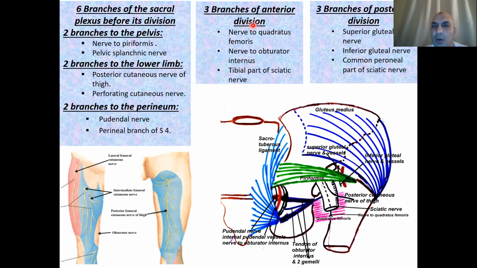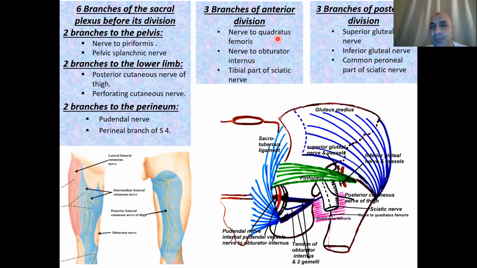We have 3 branches from the anterior division and 3 branches from the posterior division. 3 branches from the posterior division: above and below piriformis, the superior gluteal and the inferior gluteal.